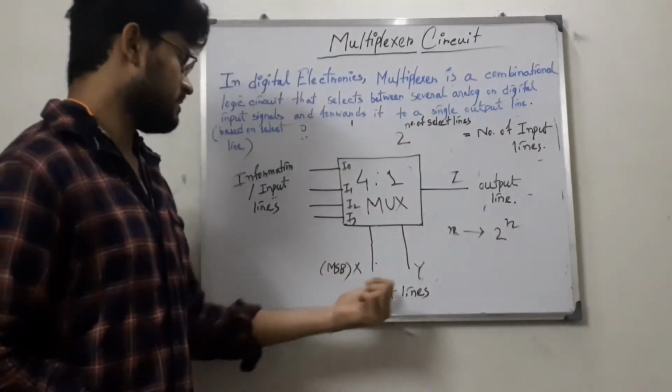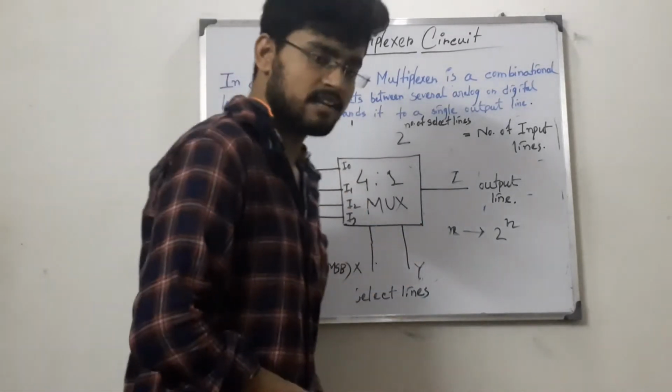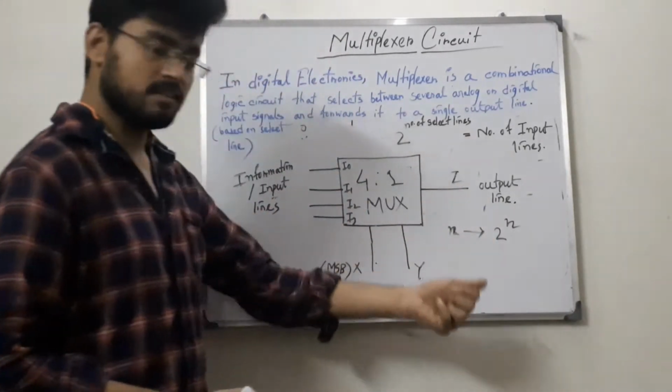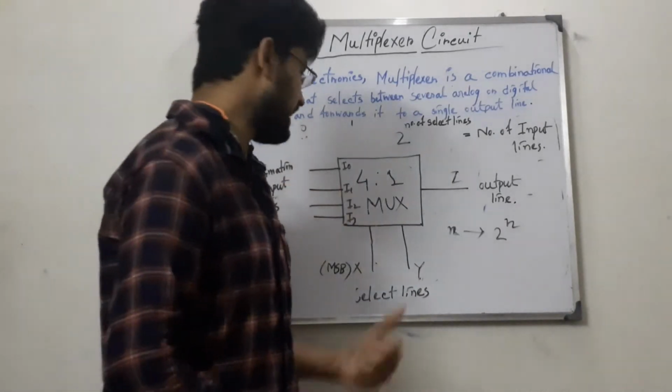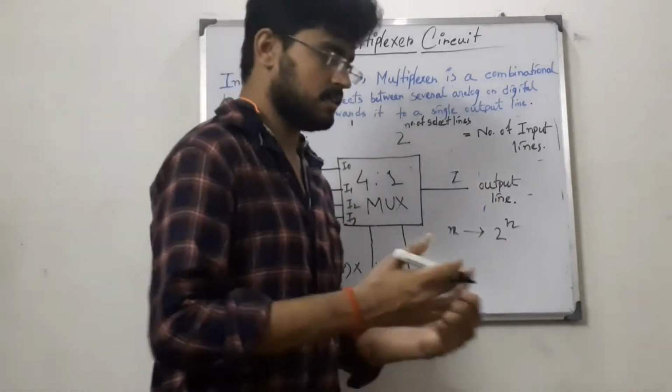See that if there are 2 select lines, it means 2 to the power 2, which is 4 information lines. If there are 3 select lines, as for an 8x1 mux, then 2 to the power 3 means 8 information input lines. And there is always one output line in a multiplexer circuit.